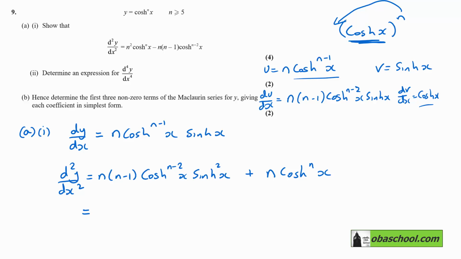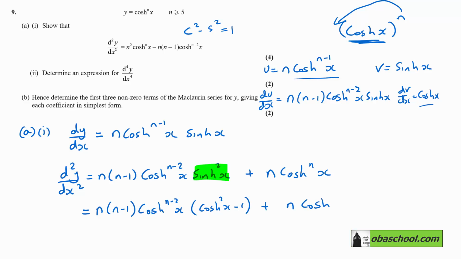What we're now going to do, since the result has no sinhs in it, is think about the fact that cosh squared minus sinh squared is equal to 1. So that sinh squared is going to be cosh squared take away 1. So we've got n minus 1 cosh n minus 2x times cosh squared x take 1, plus n cosh nx.